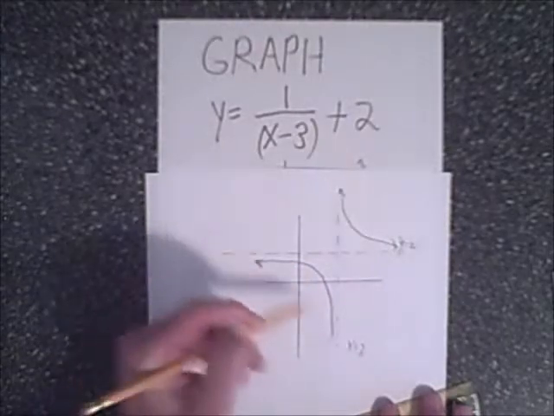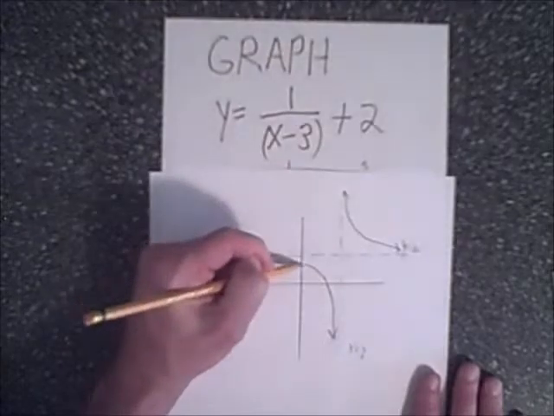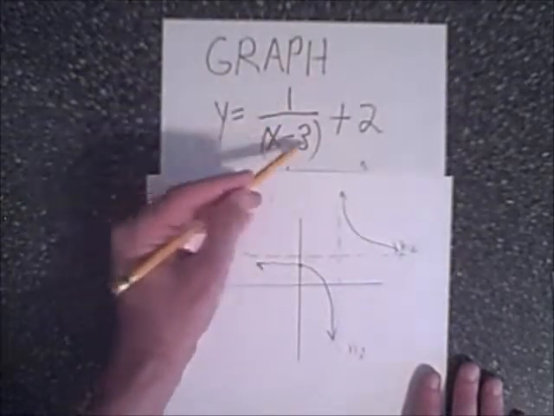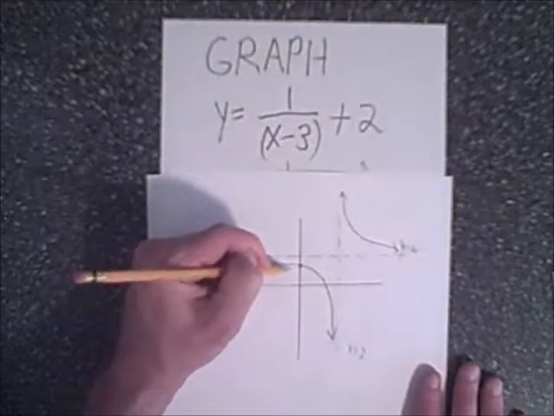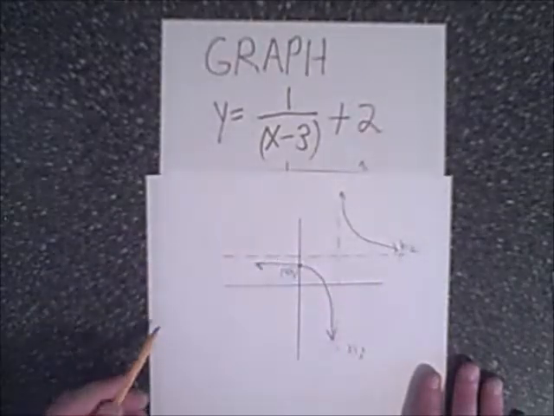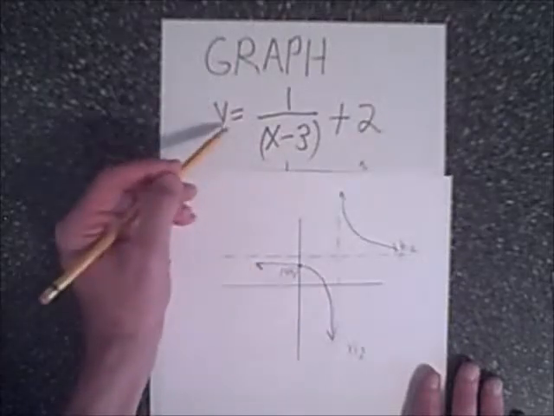And of course, I like to pick some random points to see if I'm correct. So let's take a look at this point right here. This is x is 0. So 1 over -3 is -1/3. So this should be 5/3. So this is (0, 5/3). Okay, it's below 2. Okay, and then here we could actually plug in a number and determine what 0 is.